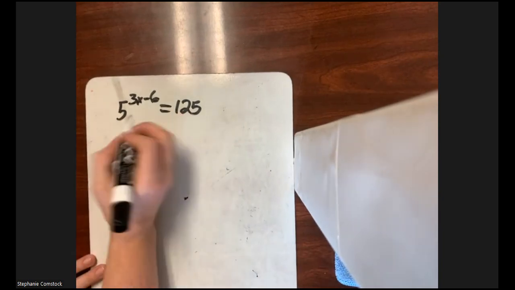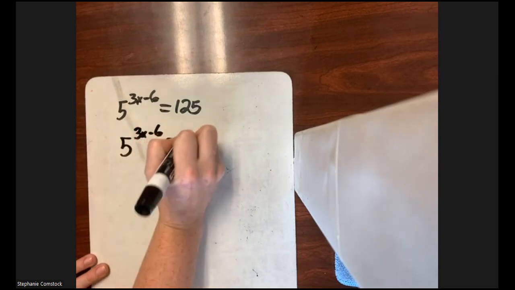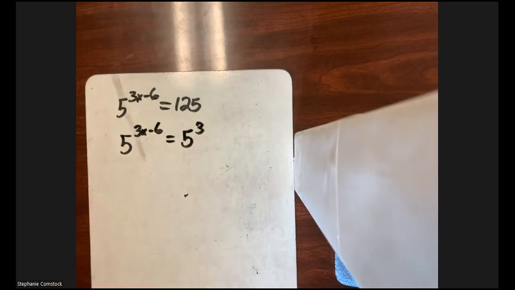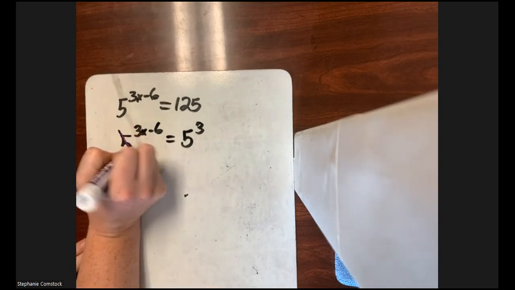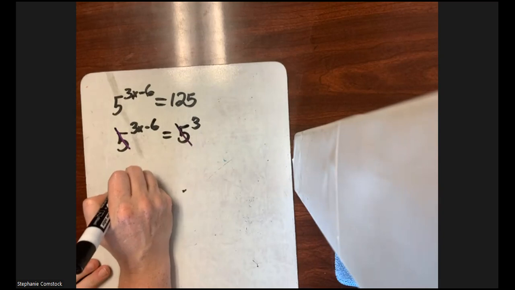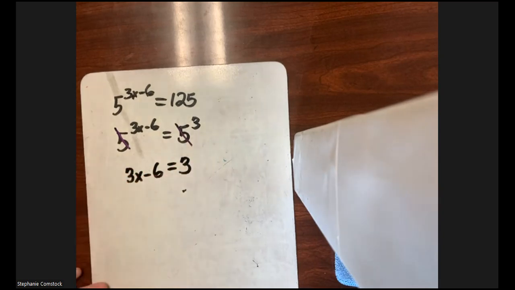So 125 can be rewritten as 5 cubed. Now the 5 and the 5 match, so we can cross off those bases. So now I have 3x minus 6 equals 3.